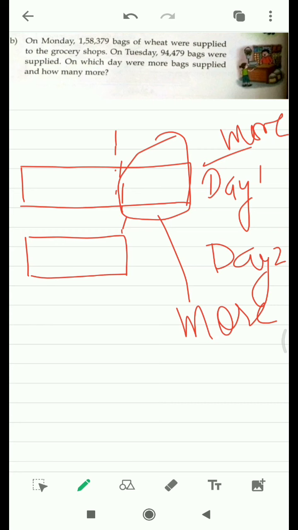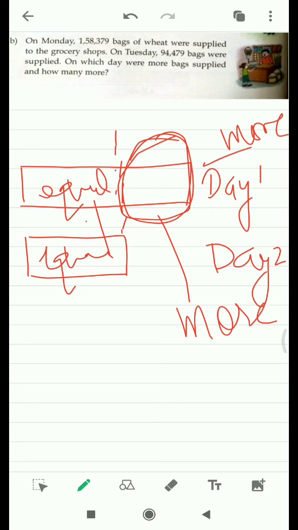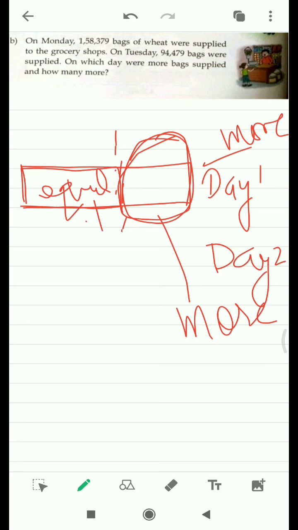If you make these two parts equal, these are equal parts, and both are equal. The only part is this, it's more, right? So we have to find this. Since it's an equal part, I can place it like this on top. If I pick it up and put it on this, the other part, then it becomes the same.